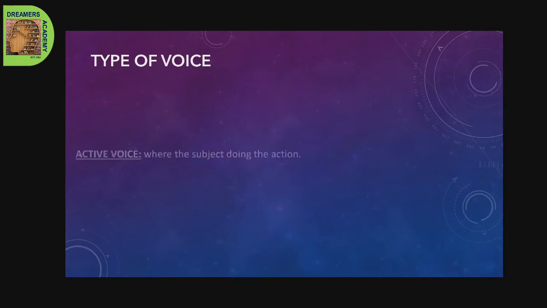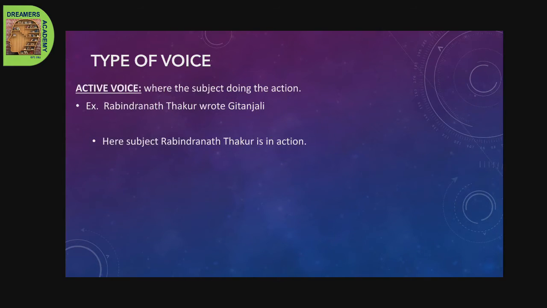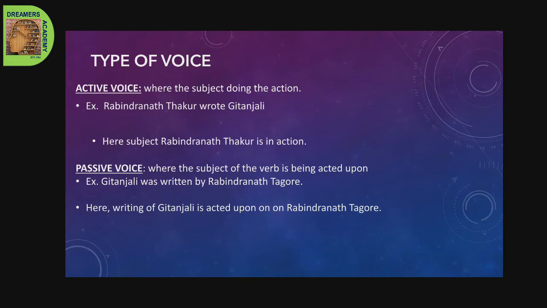Then, types of voice. Mainly there are two types of voice, the active voice and the passive voice. What is the active voice? Where the subject is doing the action. Like Rabindranath Tagore wrote Gitanjali. Here the subject Rabindranath Tagore is in action. And the passive voice is where the subject of the verb is being acted upon, meaning the writing of the Gitanjali was acted upon by Rabindranath Tagore.